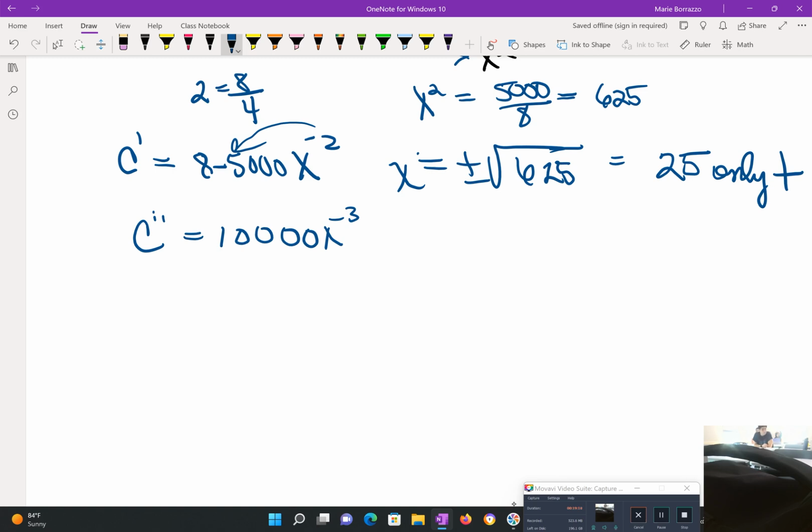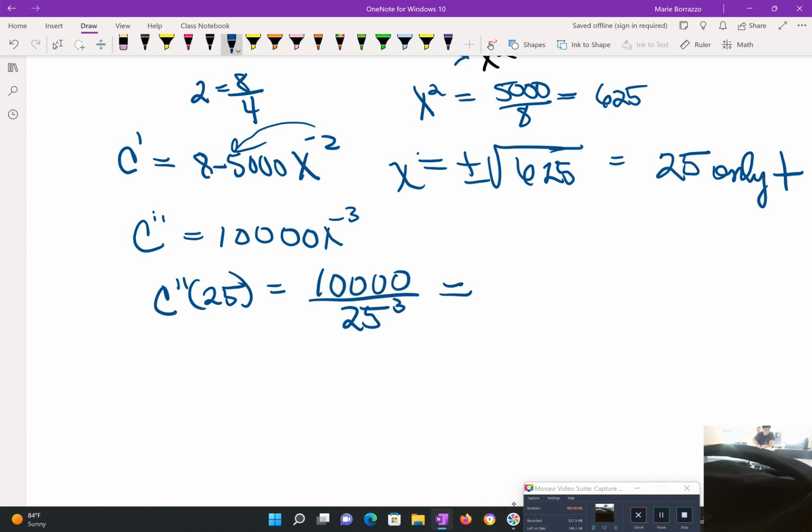Okay, and guess what I'm going to substitute in here? The 25 itself, because it's going to tell me, remember, the second derivative is all about the concavity, right? If it's either opening up or down. And since I'm trying to minimize, this results in 10,000 divided by 25 cubed, which is going to give me the absolute minimum in this case.